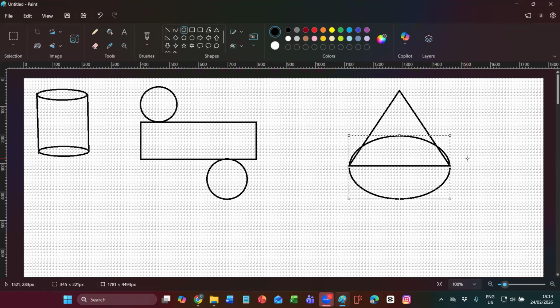This is what I want to do. I want to draw a cone, but I want to make it out from other shapes.